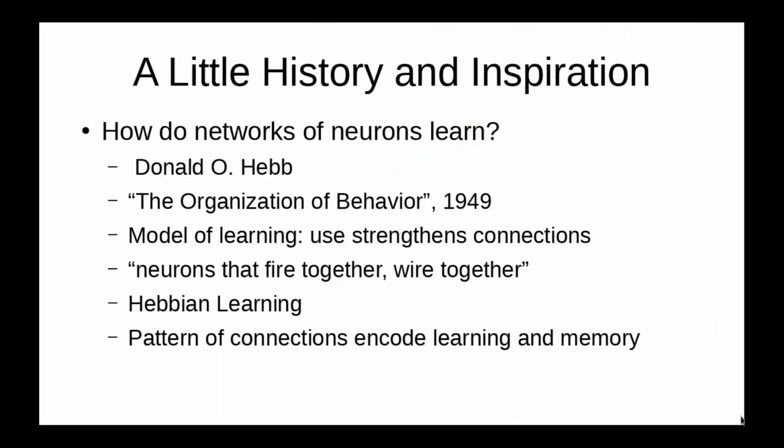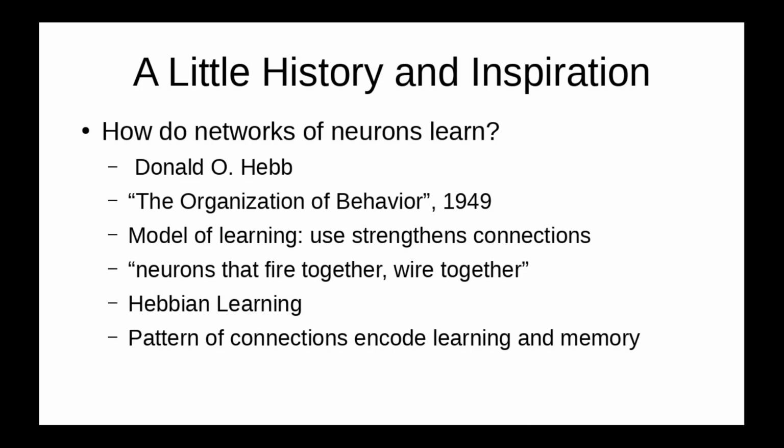So we've talked a little bit about how neurons and neural networks process information. How might they encode learning and memory? Well, in 1949, Donald O. Hebb, in his book The Organization of Behavior, suggested a model for how neurons and networks do that.